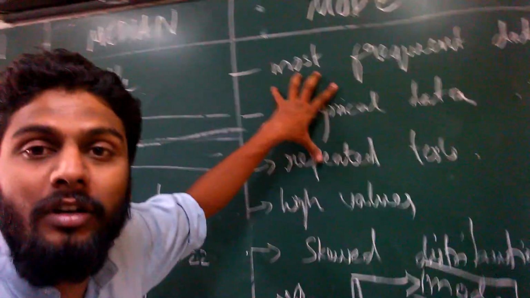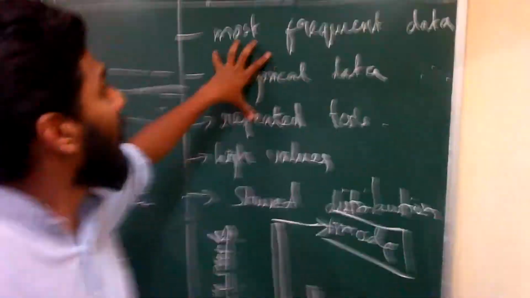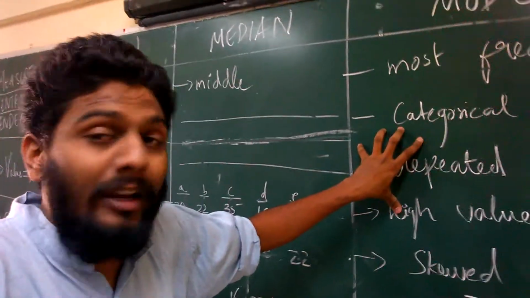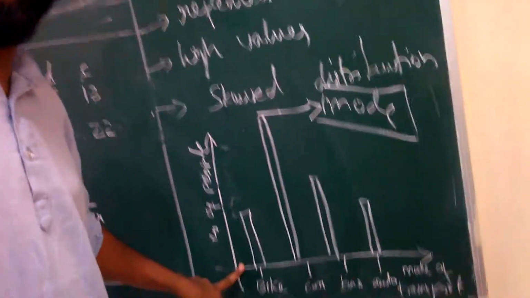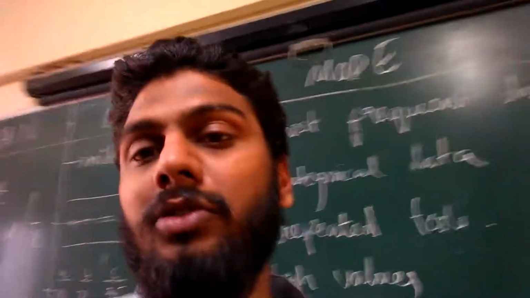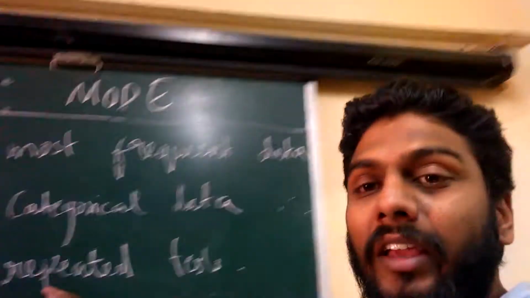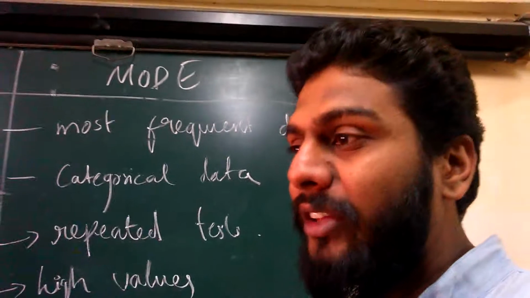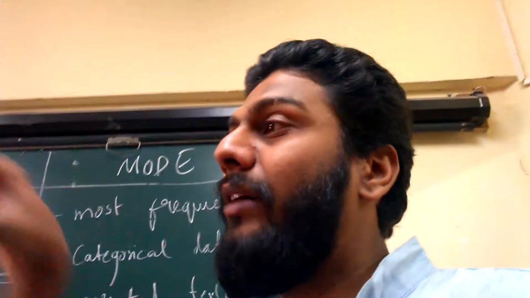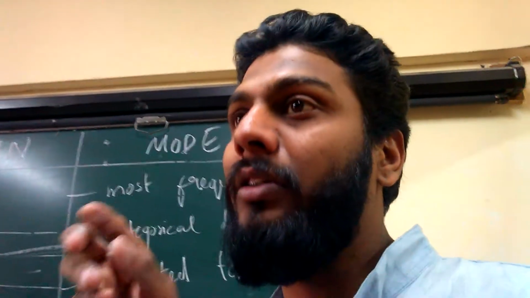That is the median, and the final measure of central tendency that we are going to learn is the mode, right? Mode is also called the frequency method. It's also called the most frequent data. It is applicable for categorical data, and I have given you an example here. When I move to the example, you'll understand what categorical data means. It is also applicable in cases of repeated tests. We conduct tests over a period of time, or for different samples from the same population, in order to achieve one generalizable number.